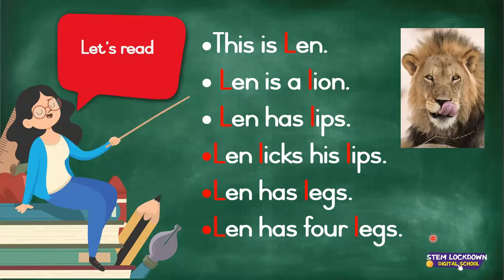I'm going to give you some homework to do for today. Here are some sentences that we've read, and I want you to add on any sentence. Maybe you can remember some of these sentences to copy onto your page later on. Make sure that you write the L in color.